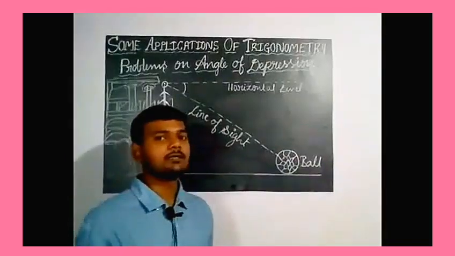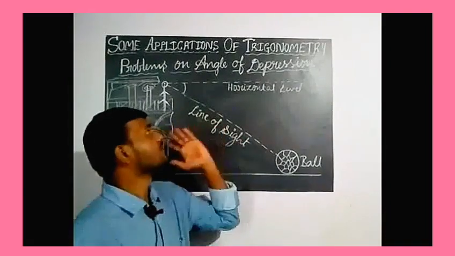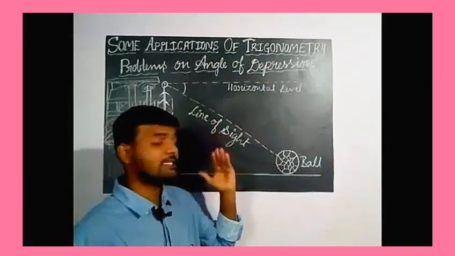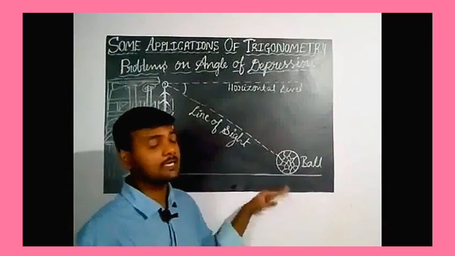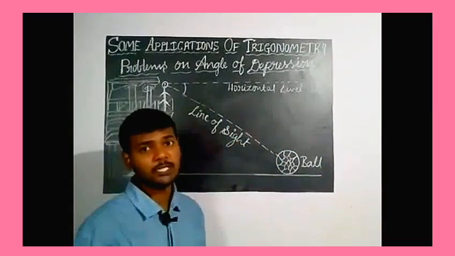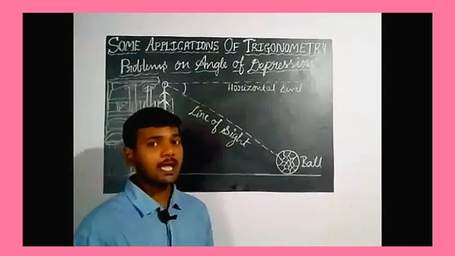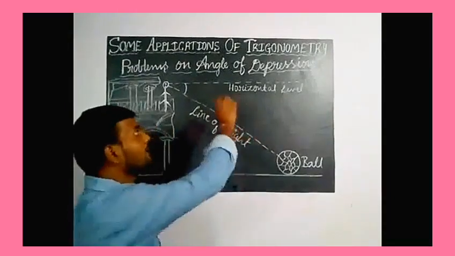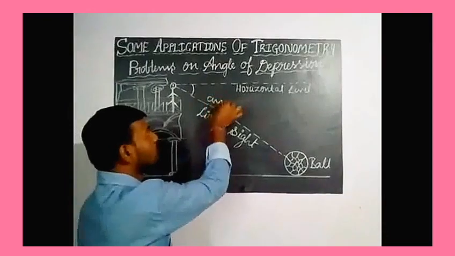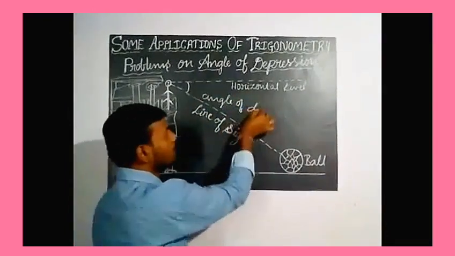The line drawn from the eyesight of the observer which is parallel to the ground is known as a horizontal level. In between the horizontal level and the line of sight there is an angle formed, and that angle is known as the angle of depression.